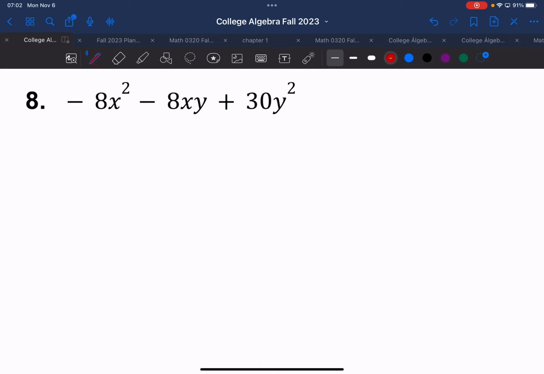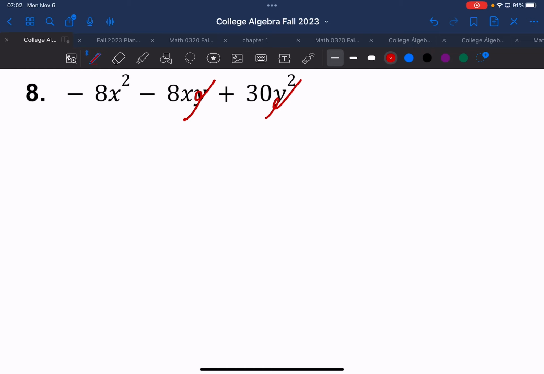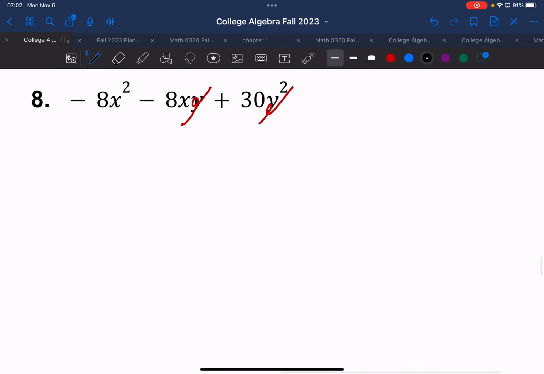So in the beginning, I'm going to ignore this y and ignore that y. They're going to come back in our answer, but for now we're ignoring them. So that means I have negative 8x squared minus 8x plus 30. Okay. So we're ignoring the y's, we're going to come back.